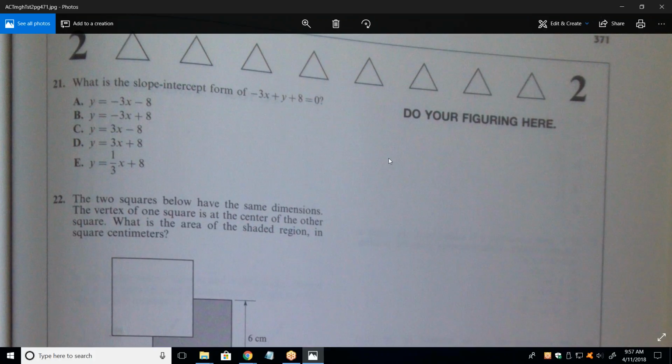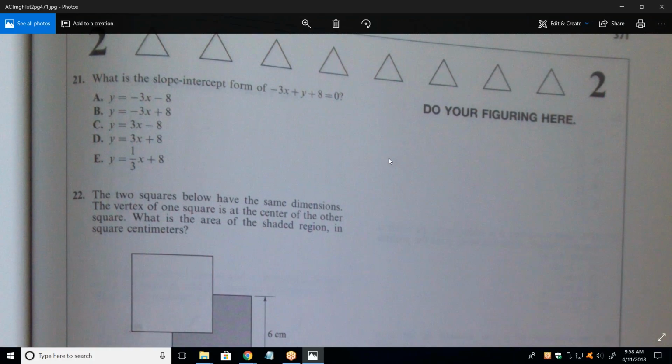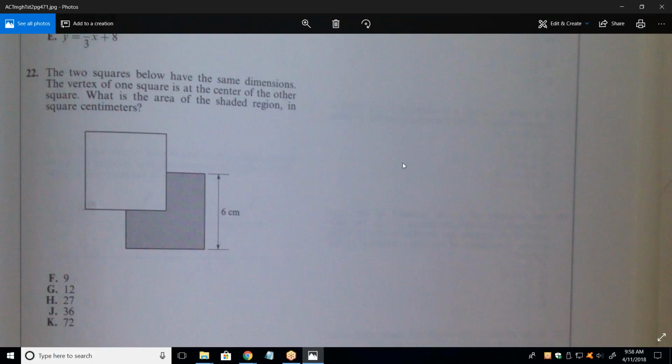Or no, y equals 3x minus 8. Good. 22. We'll end it on 22.